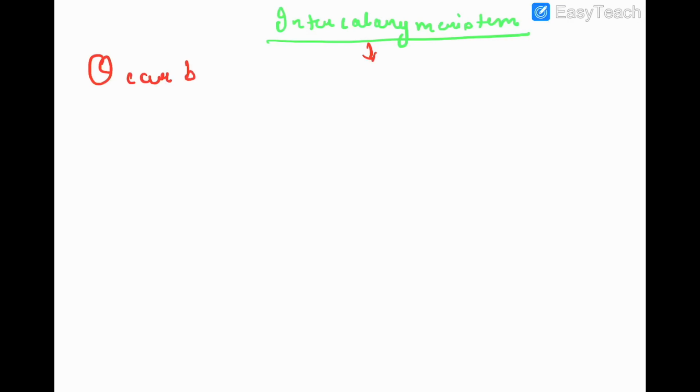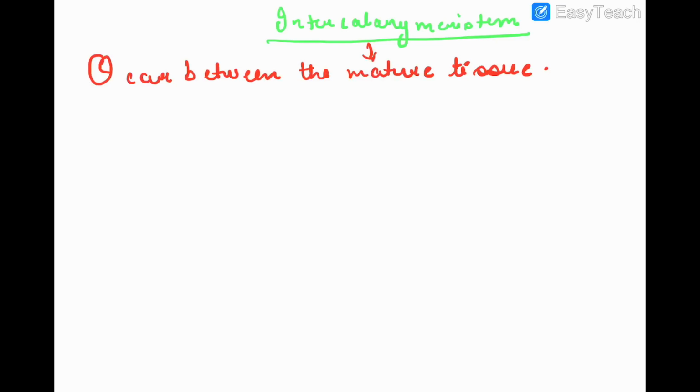Now, further, if we look at the intercalary meristem, it occurs between the mature tissue. So in between the mature tissue occurs the intercalary meristem.